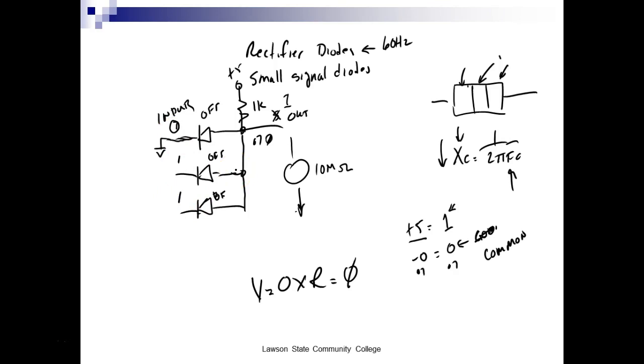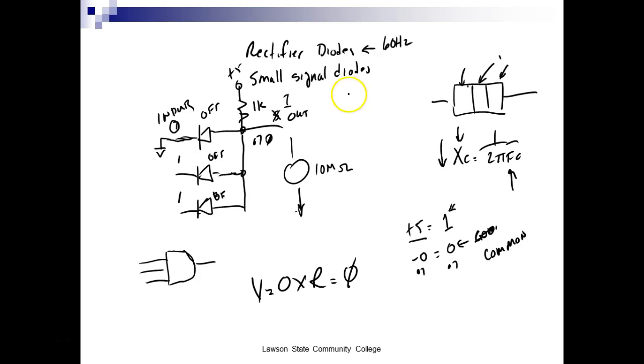Right? So what this ends up being, if I was to draw the symbol for this, this is a digital AND gate. So we can do logic with these things. We can do ORs, we can do ANDs, and then we can combine another element and we can do NANDs and NORs. So we have 5 basic logic circuits.